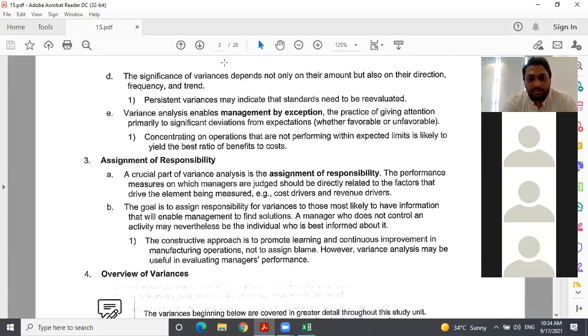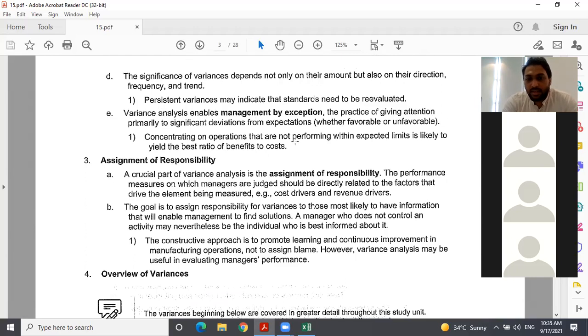So then here in variance analysis, the significance of variance depends not only on their amount but also on their direction, frequency, and trend. Persistent variance may indicate that standards need to be re-evaluated. Variance analysis enables management by exception, the practice of giving attention primarily to significant deviation from expectations, whether favorable or unfavorable.